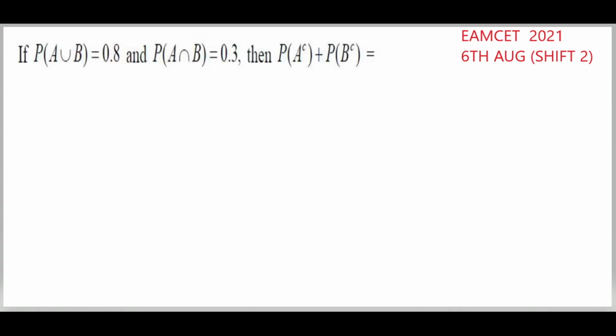If P of A union B is equal to 0.8 and P of A intersection B is equal to 0.3, then P of A complement plus P of B complement is?